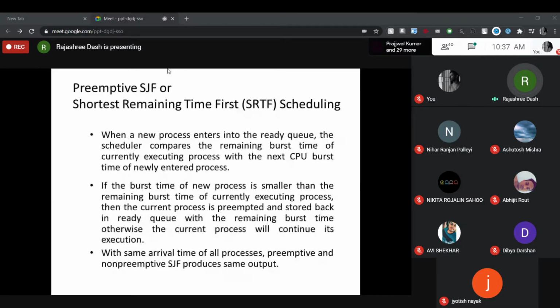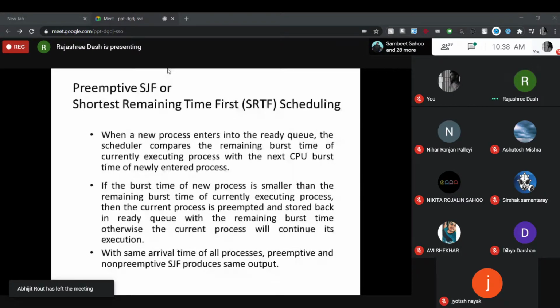If it is not specified as preemptive or non-preemptive, and only SJF is specified, then remember by default you assume it is the non-preemptive SJF. Preemptive SJF is also known as shortest remaining time first scheduling, SRTF.